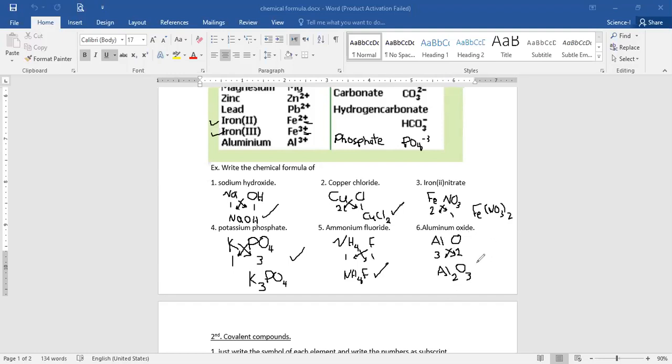Okay, good. So it works like this, guys. I'm going to write here some compounds, and you're supposed to write their formulas and send me the answers in the chat box, okay?